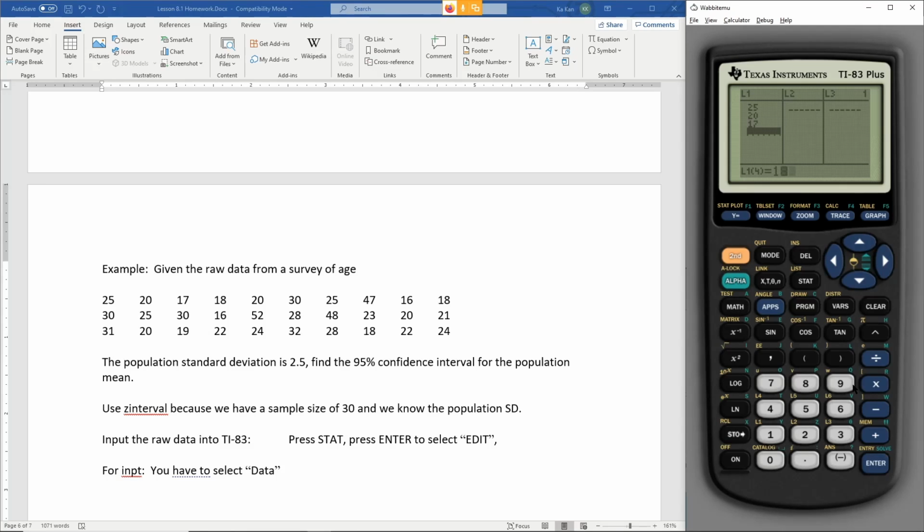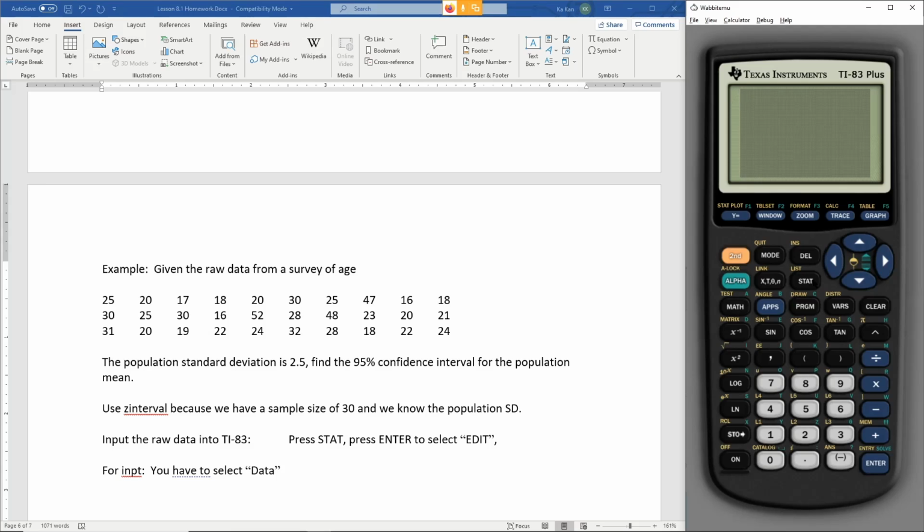I know this is a pain, so you've got to type it in. Like this.